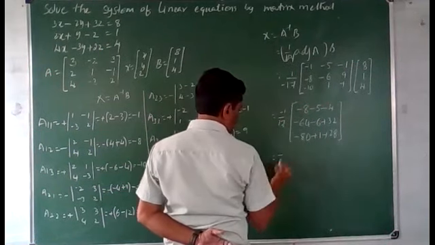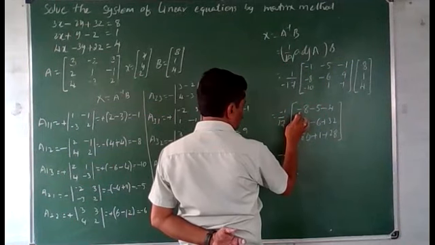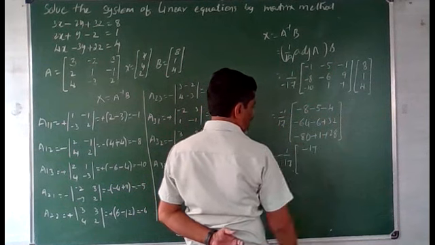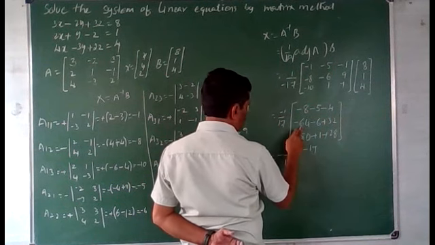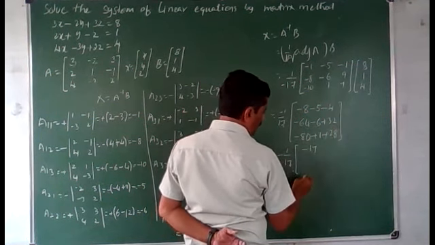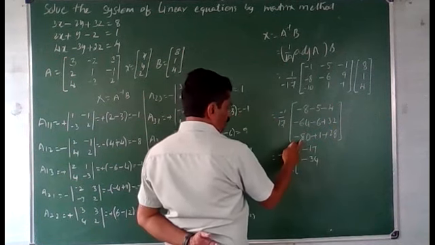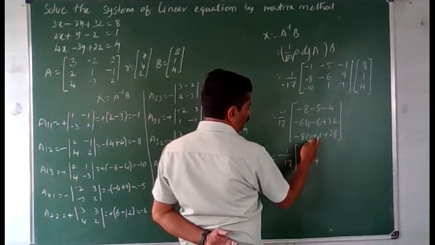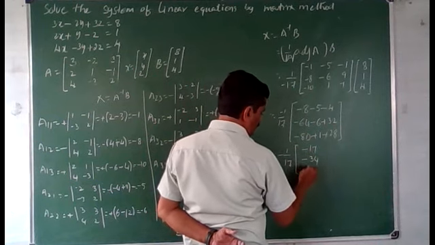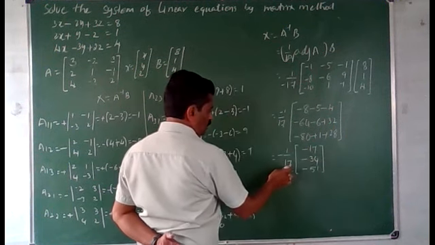Again simplification. Minus 1 divided by 17 times: minus 8 minus 5 minus 4, that is minus 17. Here minus 64 minus 6 plus 32, so we have minus 34. Again minus 80 plus 1 plus 28, that is 29 minus 80, we have minus 51. Okay, so now multiply minus 1 by 17 into each element.